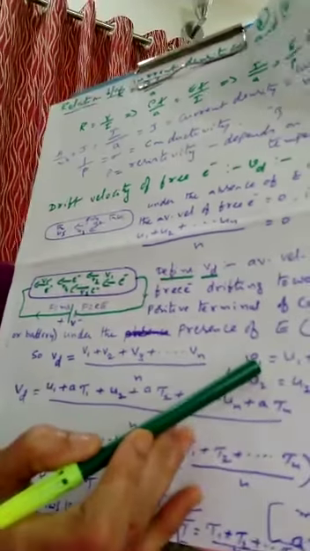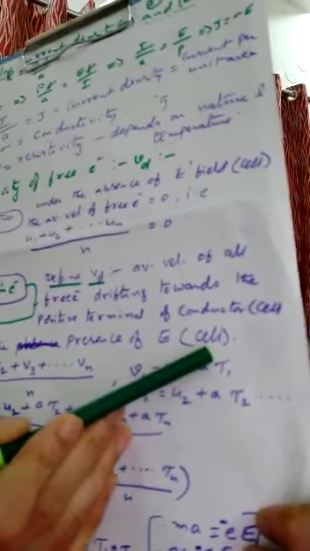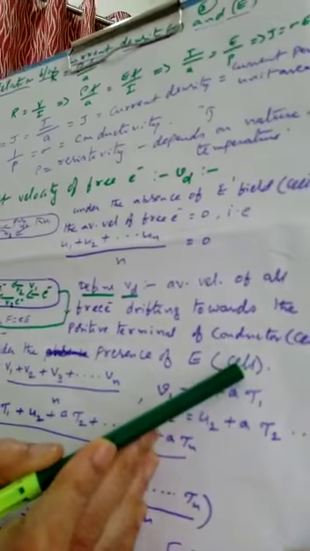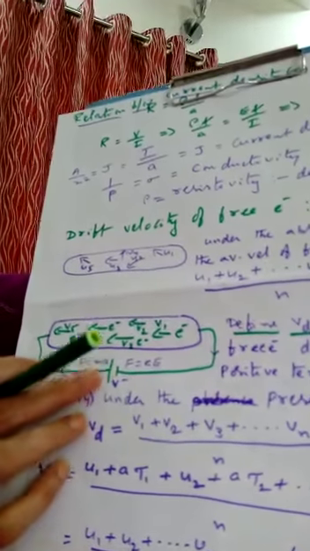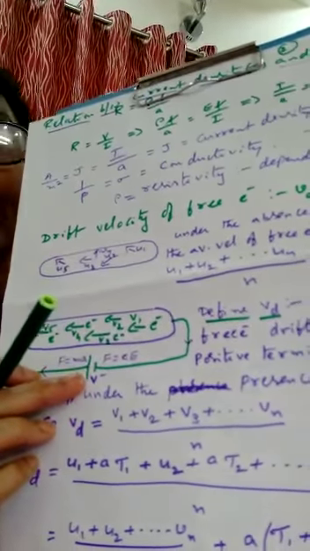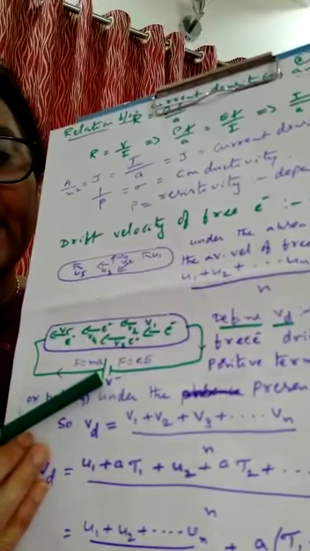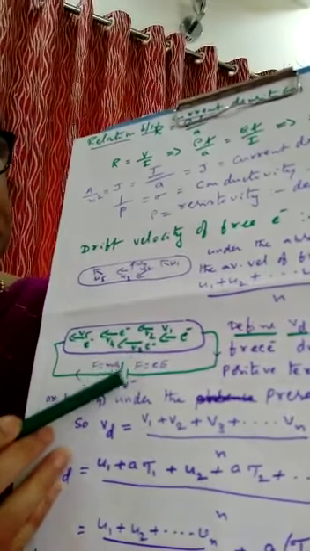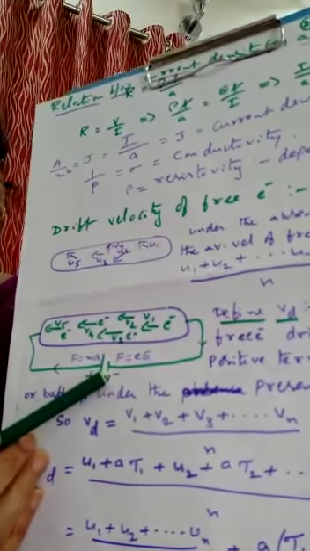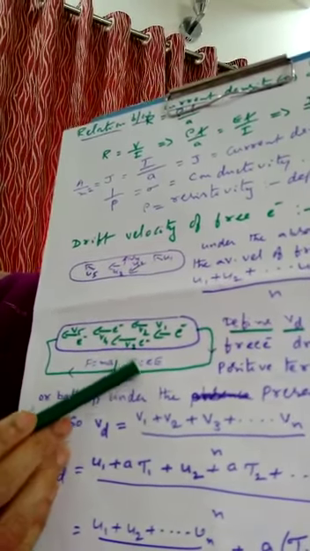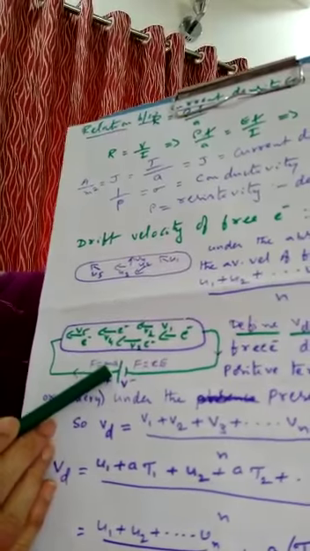But you know what V1 is? U1 plus a tau 1. What is a? Acceleration. How are the electrons accelerated, increasing their velocity? The acceleration arises from the cell that we are applying. Here the electron experiences the electrostatic force, F is equal to eE, and F is equal to ma.